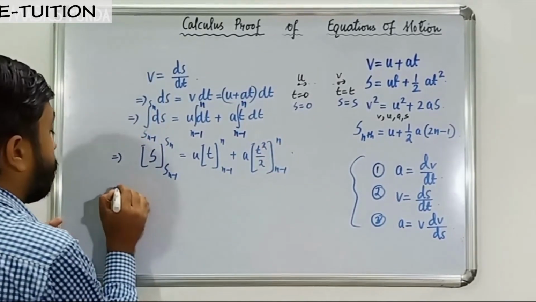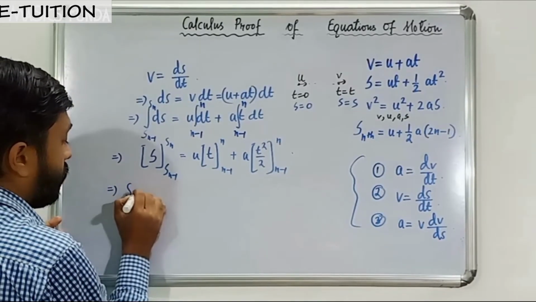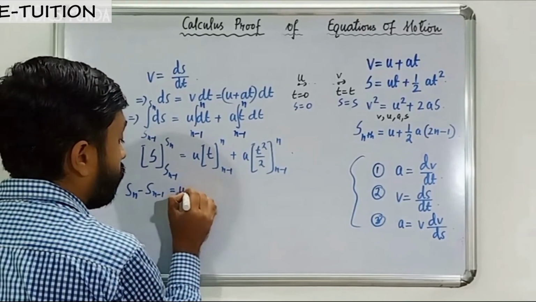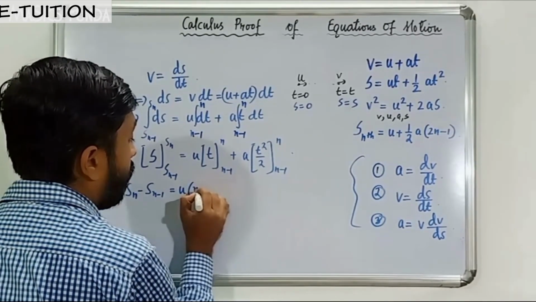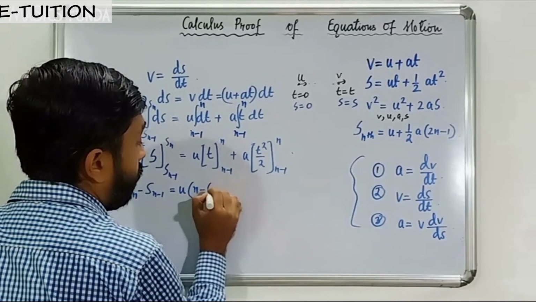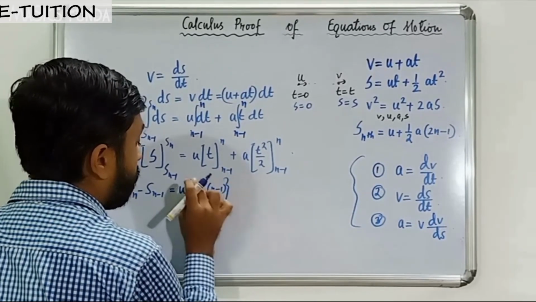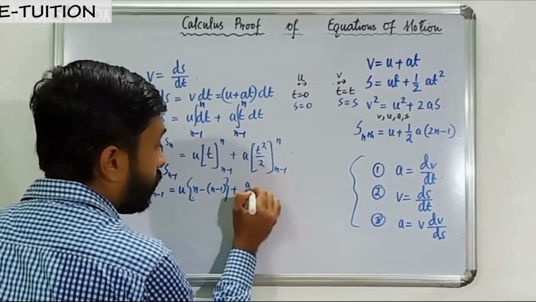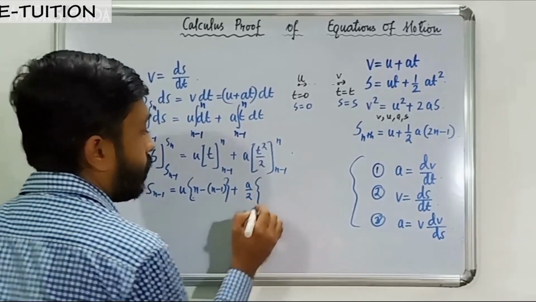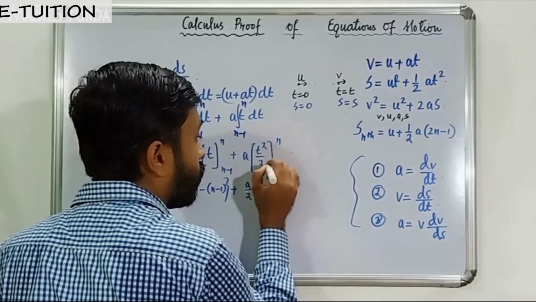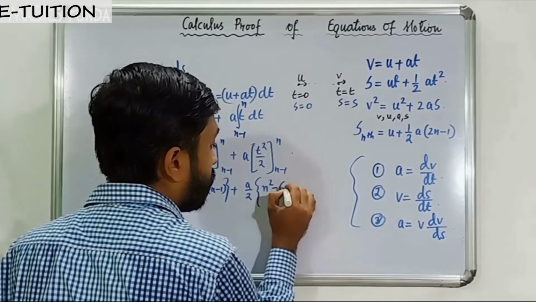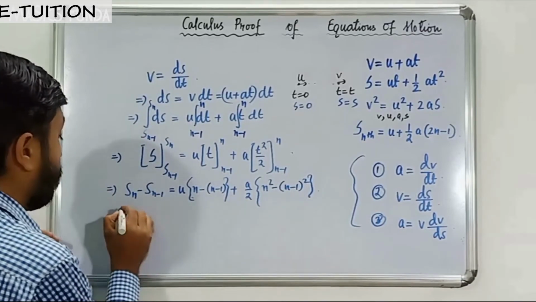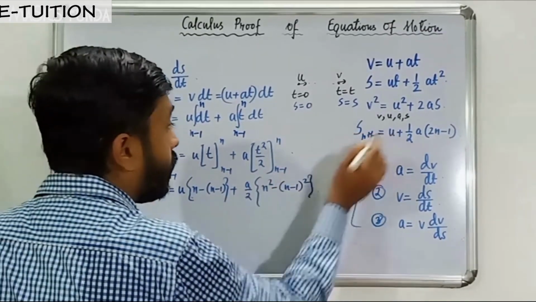Okay, Sn minus Sn minus 1 equals u times n minus n minus 1. Here a by 2 is being taken out, t square means n square minus n minus 1 whole square. Is it clear? This is going to give you Snth.